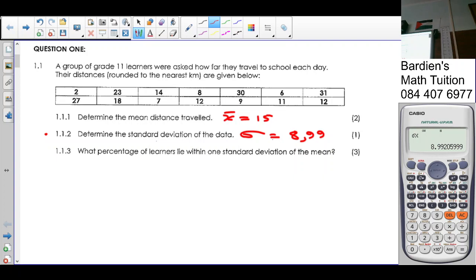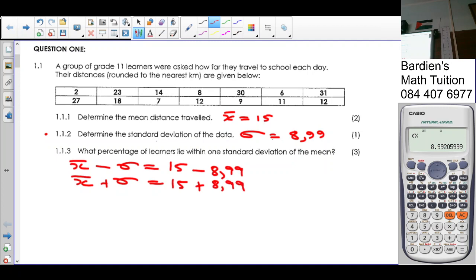Then 1.1.3 is also a commonly asked question. What percentage of learners lie within one standard deviation of the mean? So what we do is we set up a range here. We say our mean minus the standard deviation value, and our mean plus the standard deviation. So in other words, it's going to be 15 minus 8,99 and 15 plus 8,99.